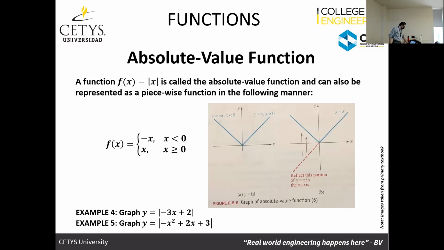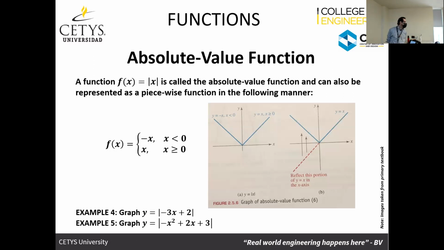Now, the absolute value of a function. We've already talked about the absolute value a little bit when we were talking about inequalities. Now let's look at the absolute value as a part of a function, and what that does to the function and what that does to the graph of it.